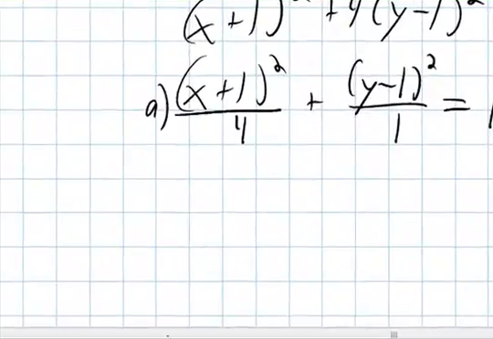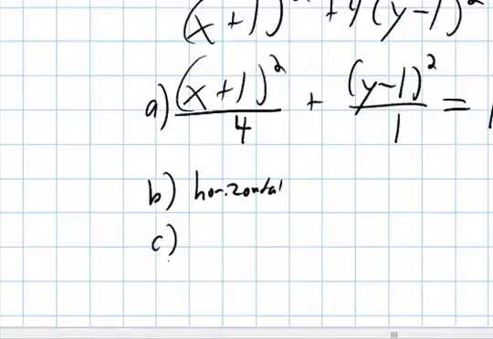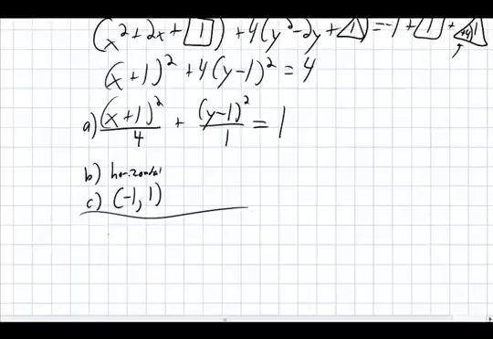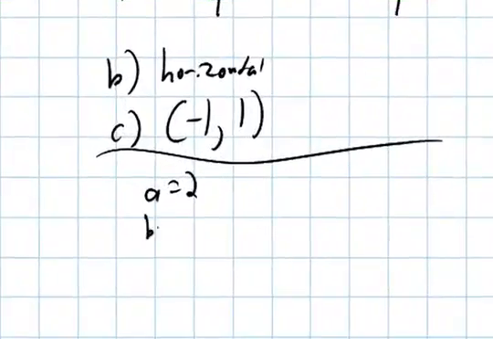This is an ellipse, so let's start with A is given. B, this would be a horizontal. C, our center would be at negative 1, 1.